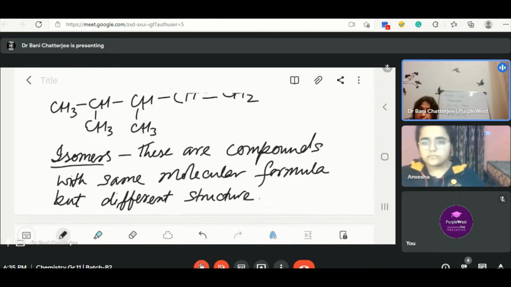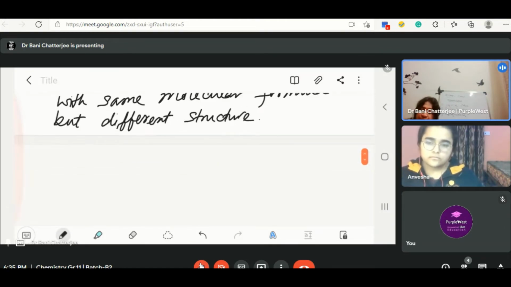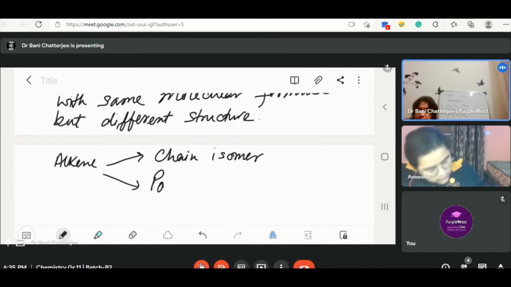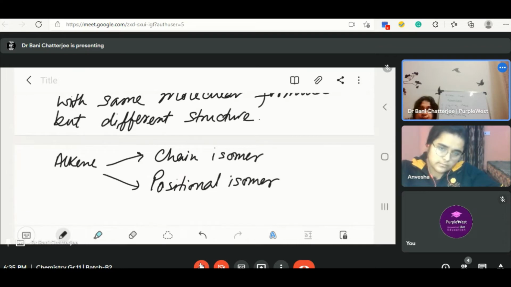Okay. So here in the case of alkene, two types of isomers are possible. That is chain isomer, and second is the positional isomer. Chain isomer and positional isomer.